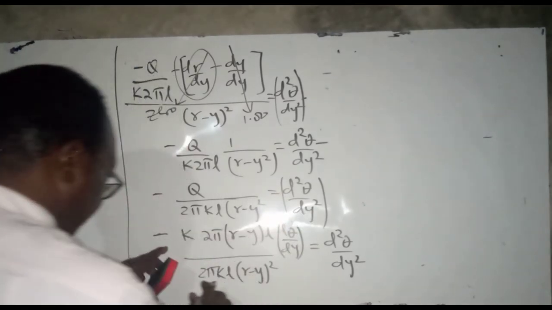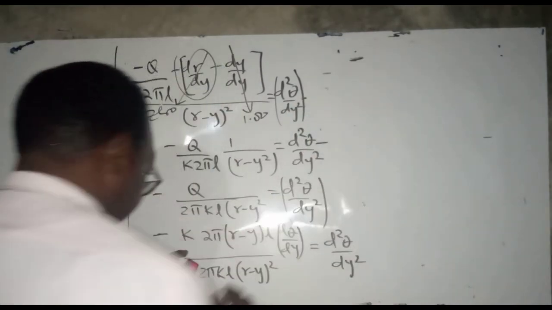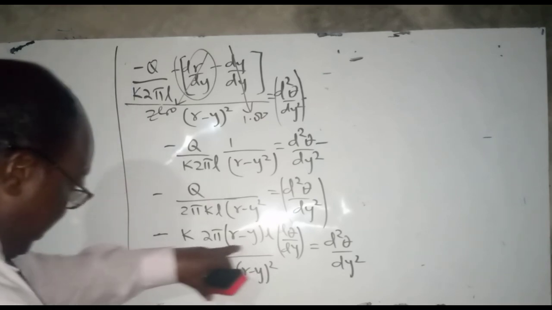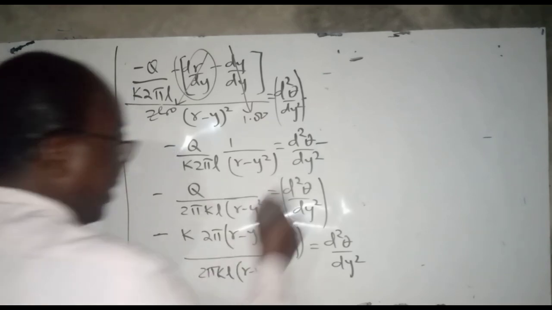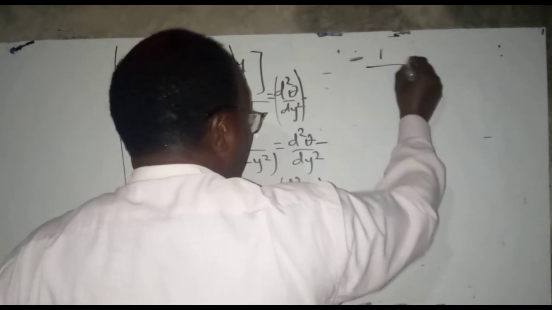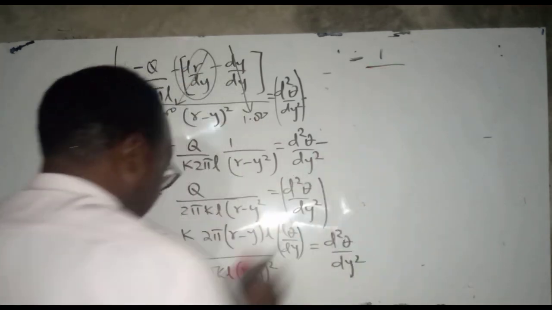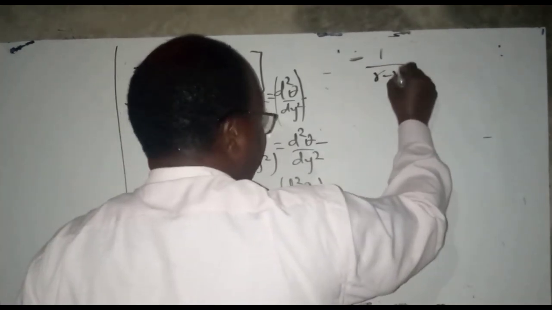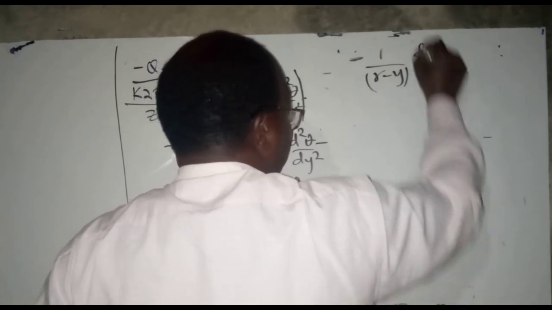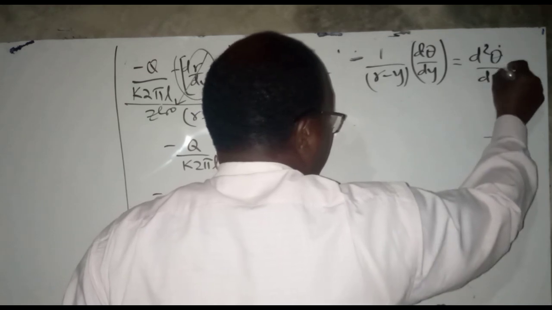So we are left with minus 1 over 2 pi, the 2 pi cancelled. So we are left with minus 1 over r minus y, d theta dy is equal to d2 theta dy squared.